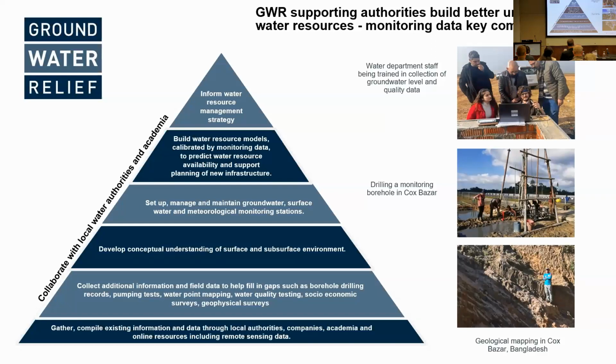And following that, once a year's worth of monitoring data is collected, we can think about developing models to model the systems and thereby predict what's happening with those systems. And that all ultimately informs the water resource management strategy for a region.